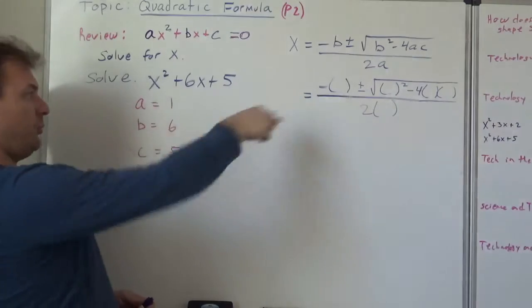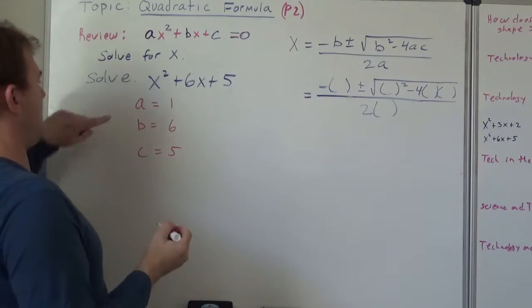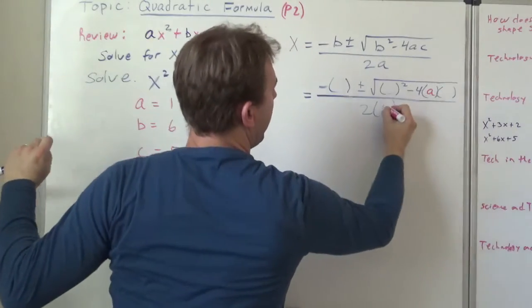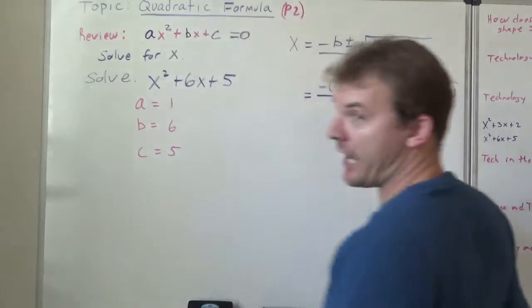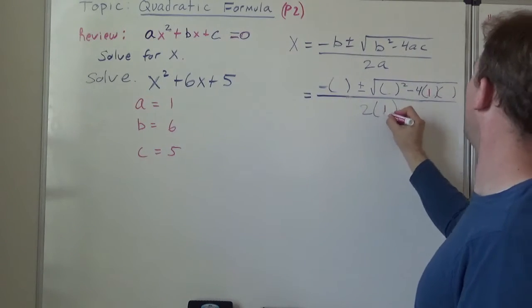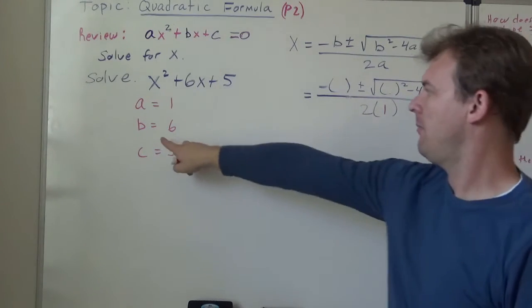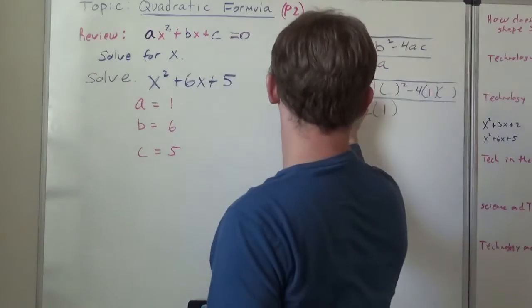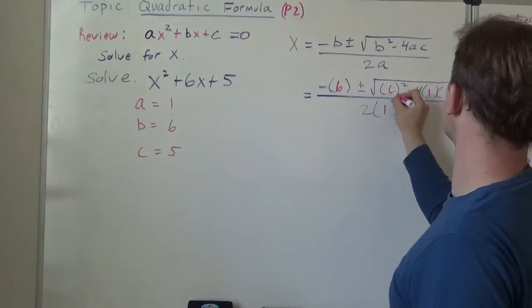Now plug this in. So this time I'm going to go A. A is this one here, and A, don't put A, put the number. Put the number. So 1. That's for A. B is B here. 6 is there.